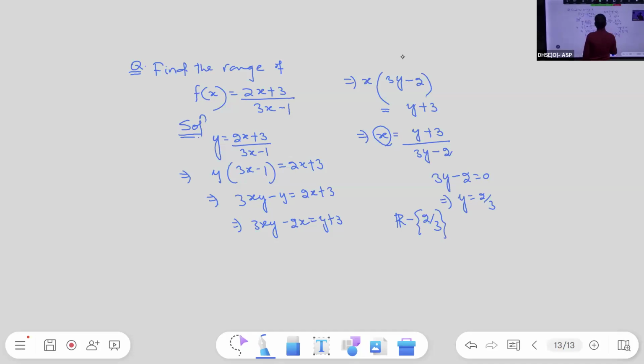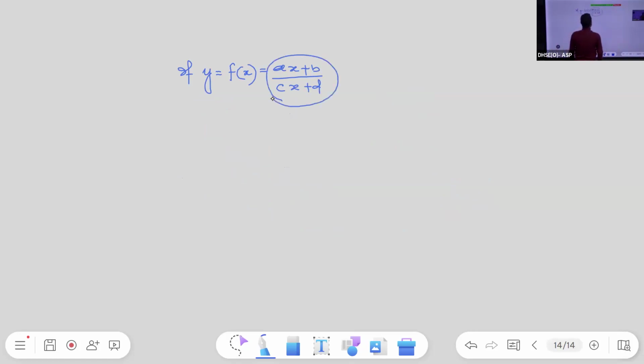Yes. What is the shortcut formula to find the range of linear upon linear without doing anything? We can calculate the range of the function linear upon linear directly, so note it down. Better to use the next page.